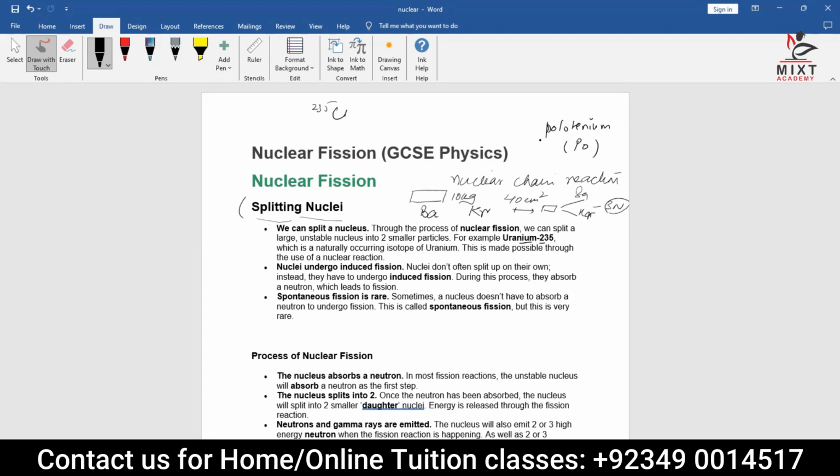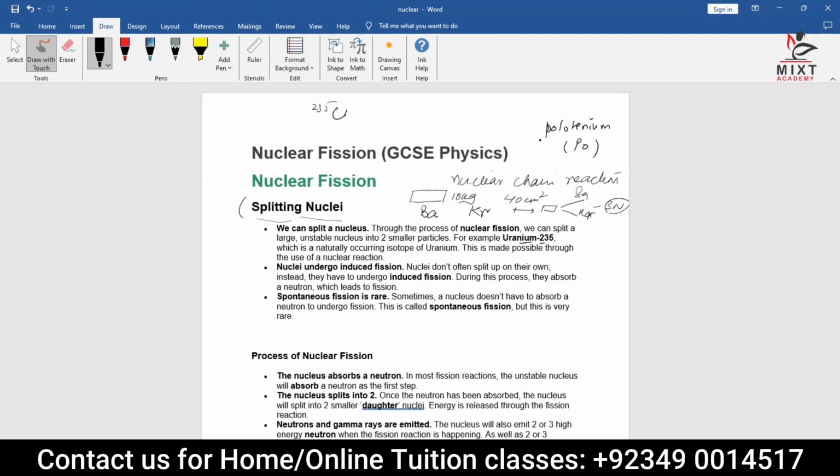Nuclei undergo induced fission. Nuclei do not often split up on their own. Now, very important: there are some nuclei which do perform this fission reaction on their own, but we are not talking about that. Instead, they have to undergo induced fission, the one where you do it by some means.